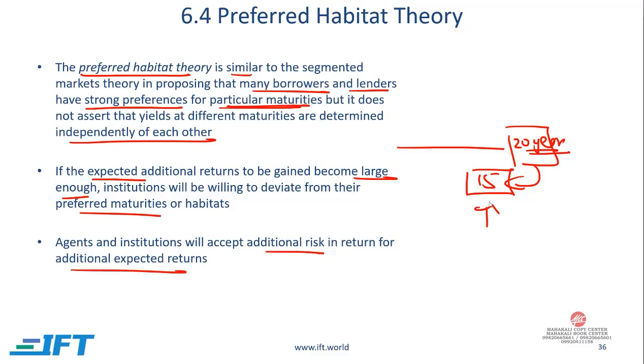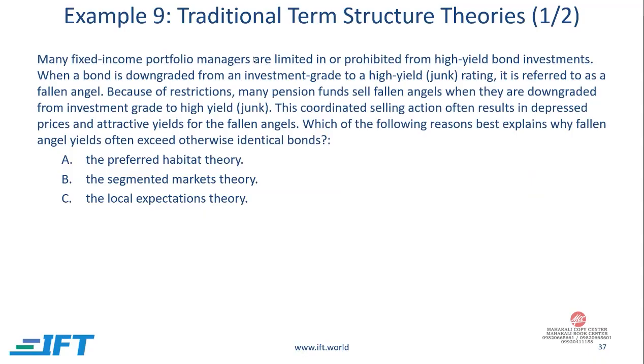And the preferred habitat theory accommodates the fact that some managers might want to take this risk to get the extra return. The earlier theory that we talked about, which is the segmented markets theory, is more rigid about the different segments. In that theory, it's not possible for investors to go from one segment to another just because the returns are much better. Now let's look at some questions related to term structure theories.